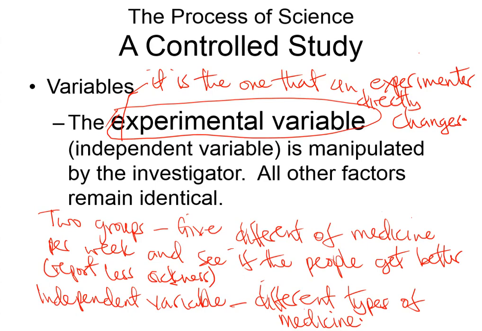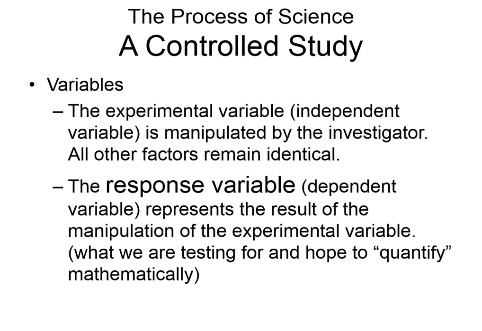So that is an independent variable. But as we are saying, an experimental variable is manipulated by the investigator. We need to take note that all other factors remain identical. We don't manipulate them.